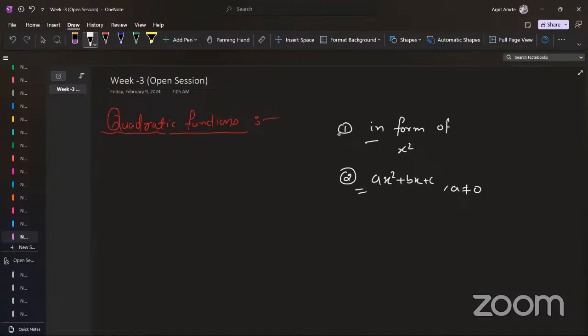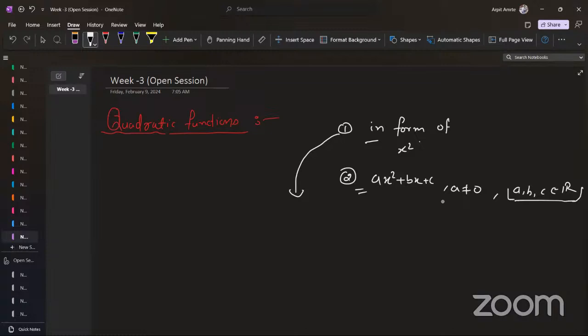So let's see what the issue is in the first definition. You are saying in the form of x square. One more thing we need to add here: all the a, b, c come from the real numbers, not integers, for you guys. If you go for higher study in mathematics, they will consider a, b, c from complex numbers as well.